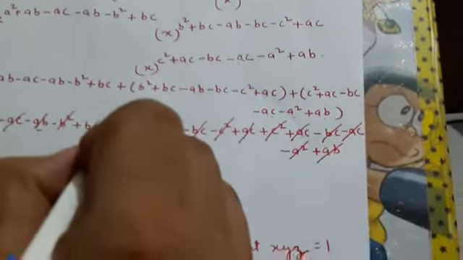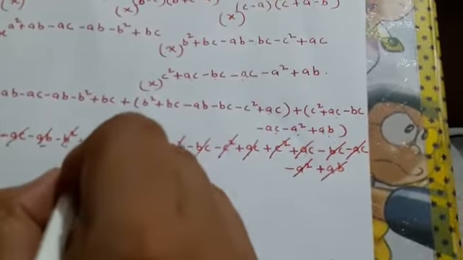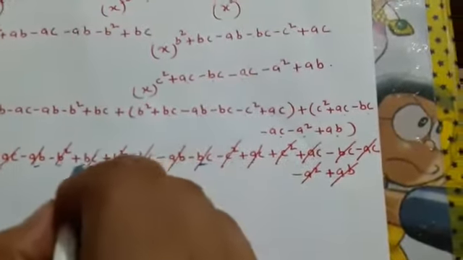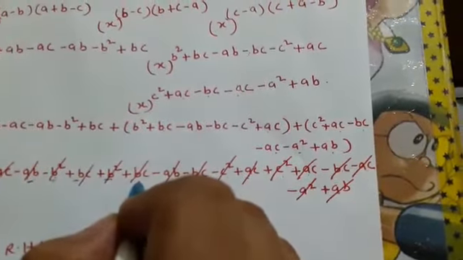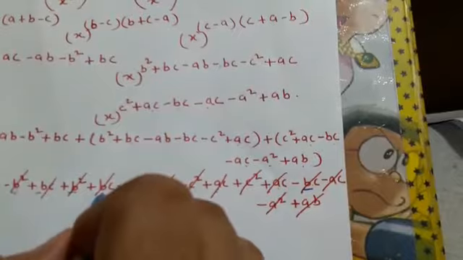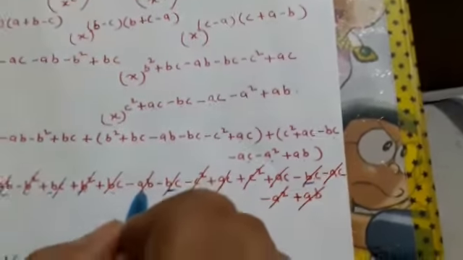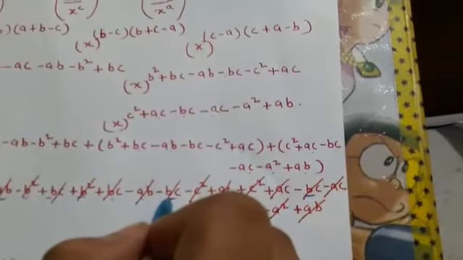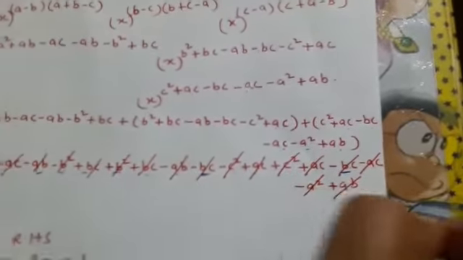Then minus b square plus b square will cancel out, and minus bc and plus bc will cancel out. Similarly plus bc and minus bc will cancel out, and minus ab is already cancelled. So in this way you will find that all these terms will cancel out.